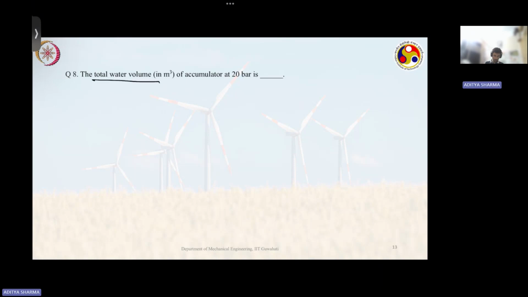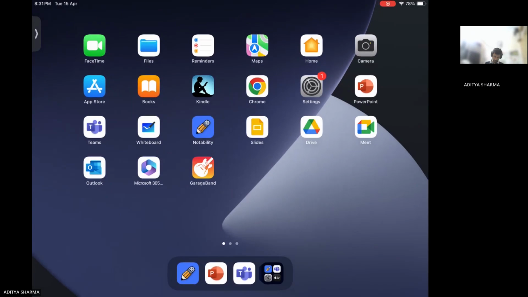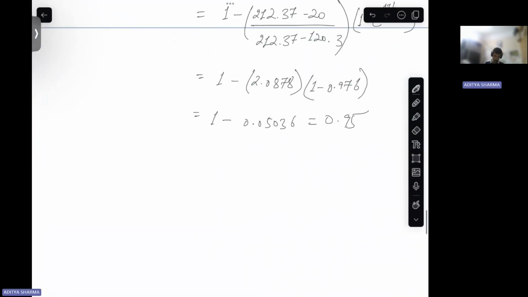The total water volume of the accumulator at 20 bar is, so water volume you have to calculate now. So how will you calculate the water volume?